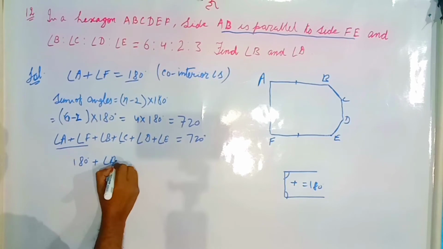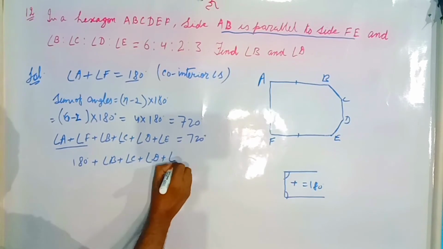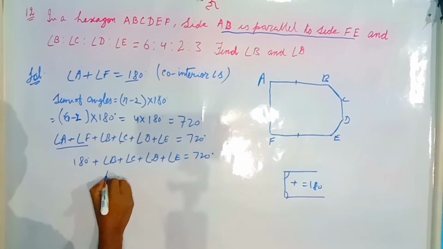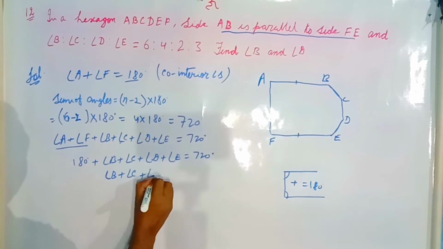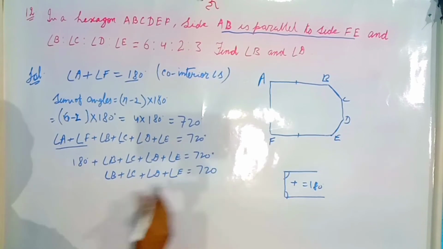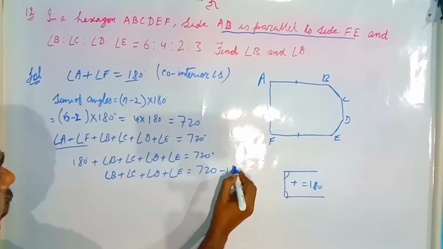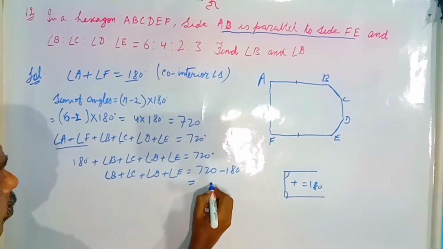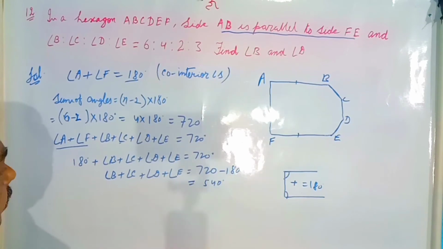Now angle B plus angle C plus angle D plus angle E equals 720, and then the 180 will be transposed here and becomes minus 180 degrees. Now 4, 8, 12, carry 1, 1, 1, 2, or 5, 540 degrees.